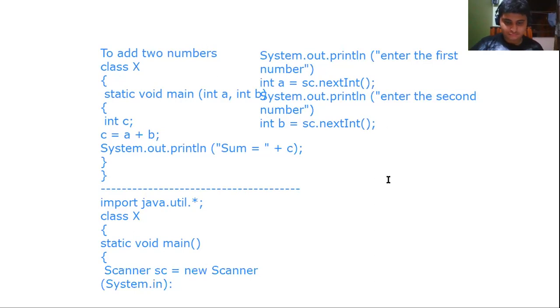So any program which requires you to input something, you can do by scanner. You can do by either this method, called parameter input, static void main within bracket int a comma int b, or you can do by scanner. The same thing you can do by buffer input. Only the input method differs. After that, all the programs are going to remain the same.